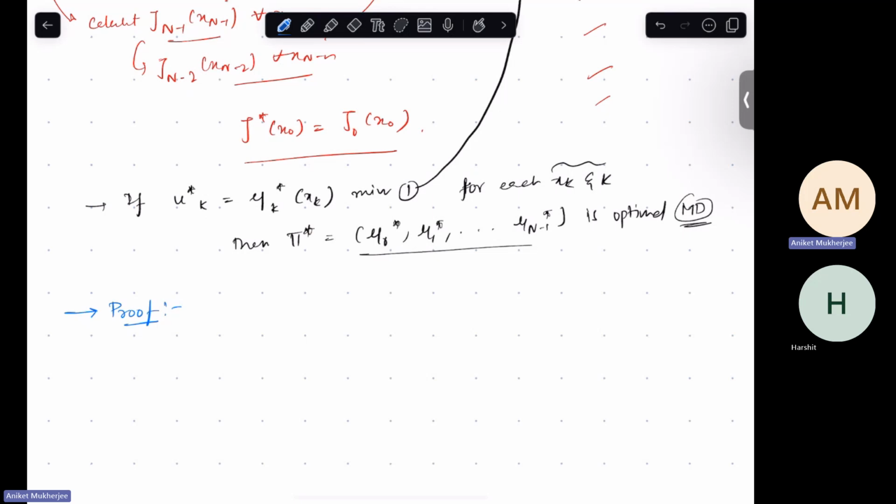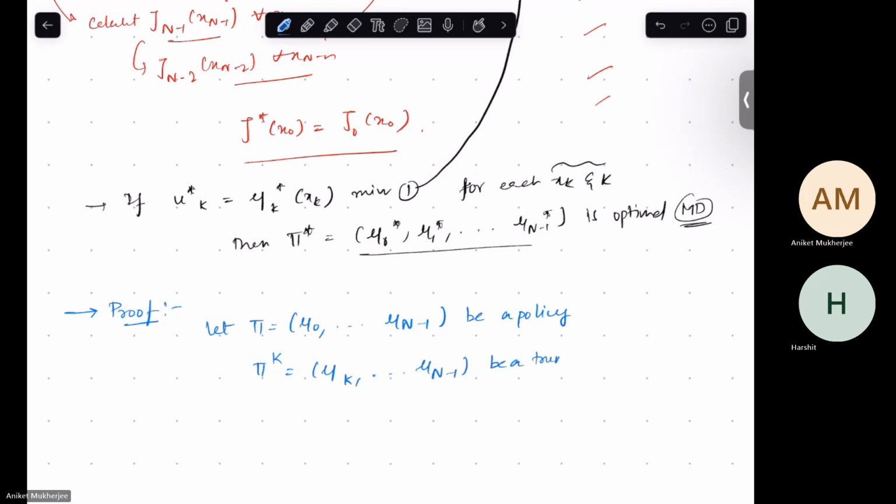Okay, so the proof: let pi be a policy, pi = (mu_0, ..., mu_{n-1}). Pi k is basically a truncated policy from k to n minus 1.